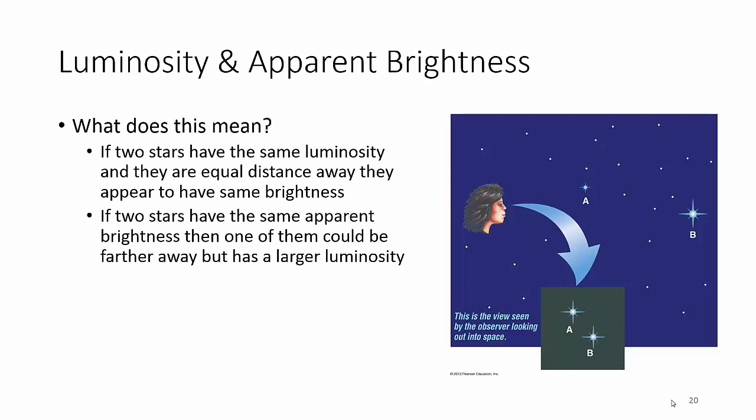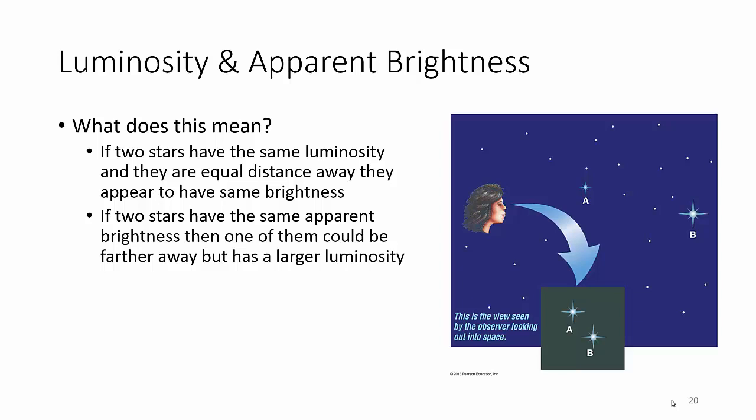All right, so if two stars have the same luminosity, that means the same absolute brightness, and they're an equal distance away, they will appear to have the same apparent brightness. Right? So if they're an equal distance away and they're equal luminosity, they're going to look the same to you.